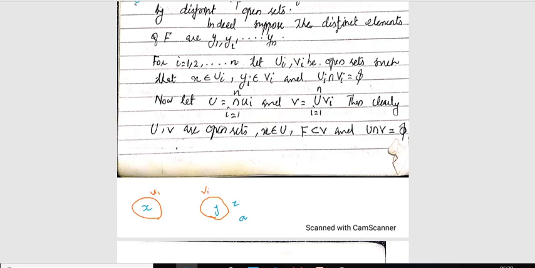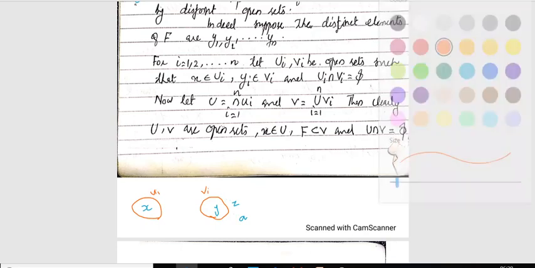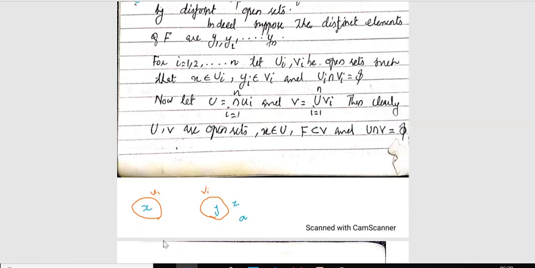Now if you have another pair of points x and z, again you will have an open set containing x and an open set containing z. Read this as U2 and this as V2.